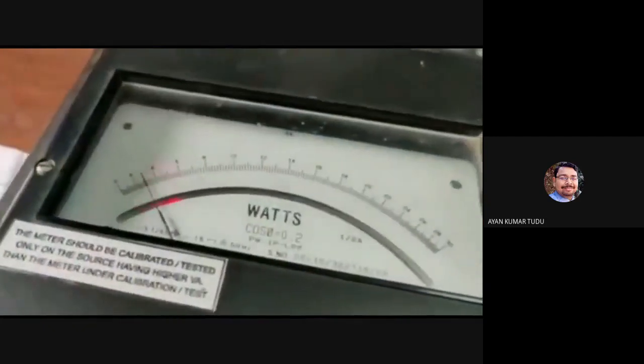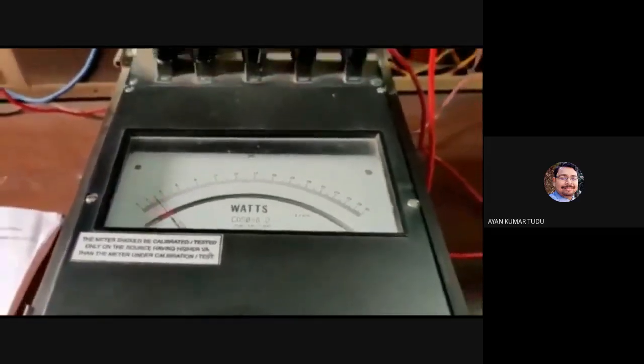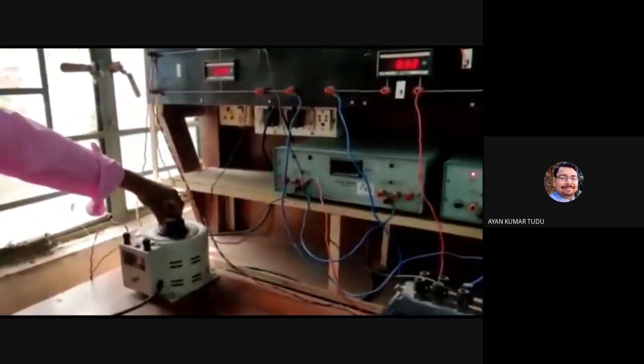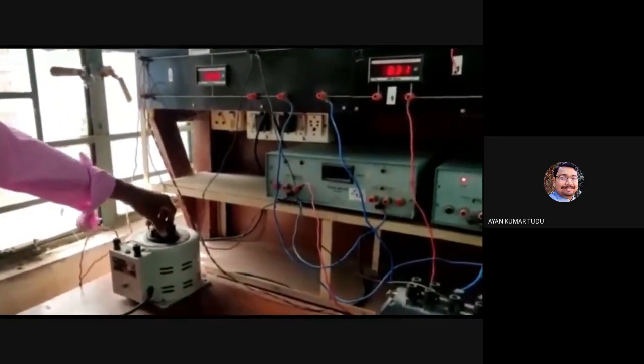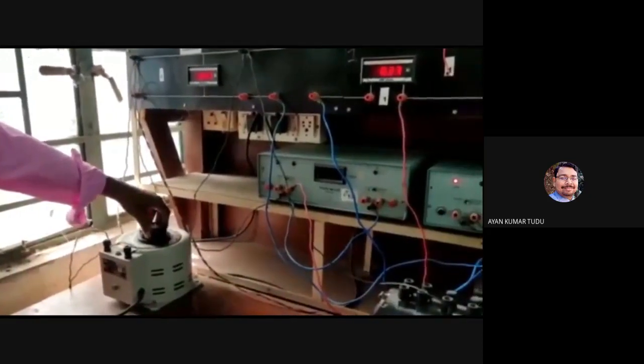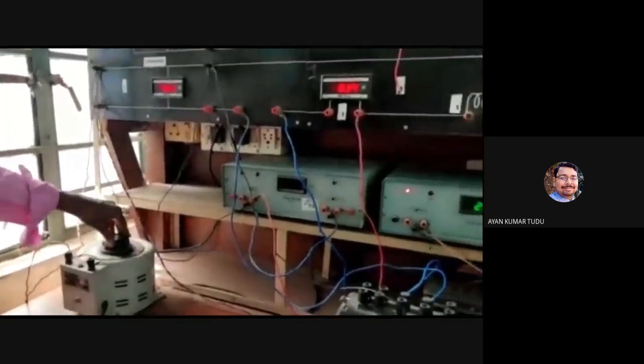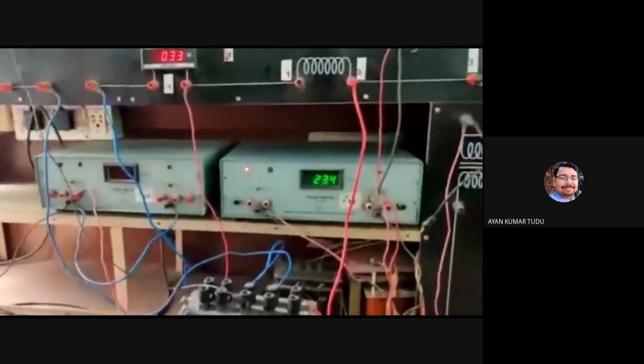And next change. This is the wattmeter reading for the receiving end. Now we will change the voltage at the sending end to 50 volt, delta 20.